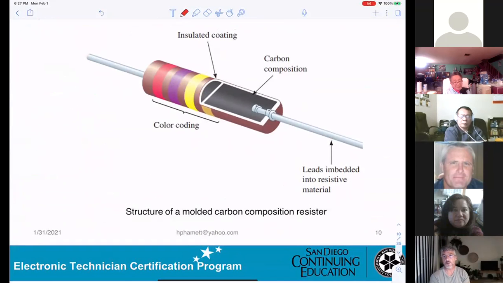First way, like assembler people, they look at the color code and can tell you the value. Another way, you can use the meter to measure the value. For a technician, if you know the color code that's better, but you don't have to. Every time you want to know the value, you must use the meter.